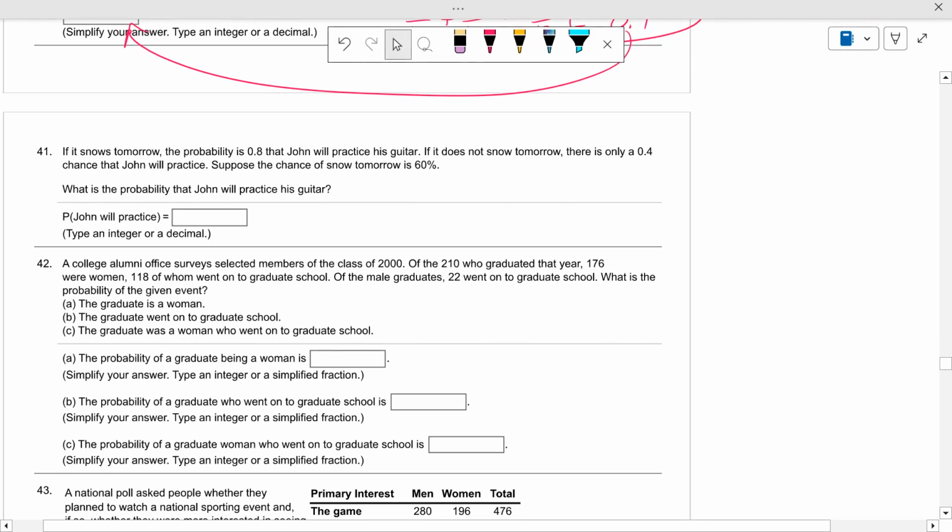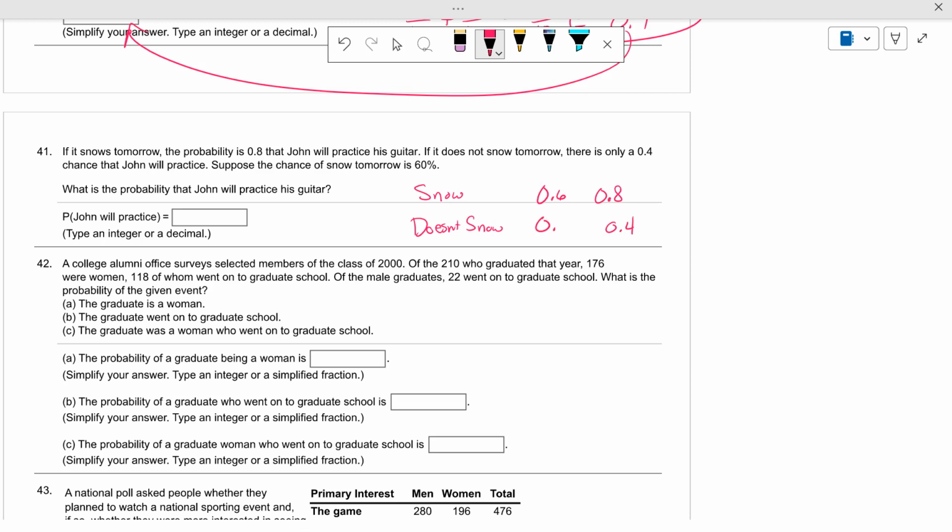If it snows tomorrow, there's a probability that 80% he will practice his guitar. So if it snows, then there's an 80% chance of him practicing his guitar. If it doesn't snow, there's only a 40% chance he will practice his guitar. Now, the chance of snow is 60%.